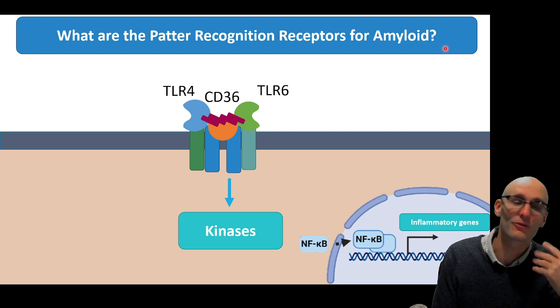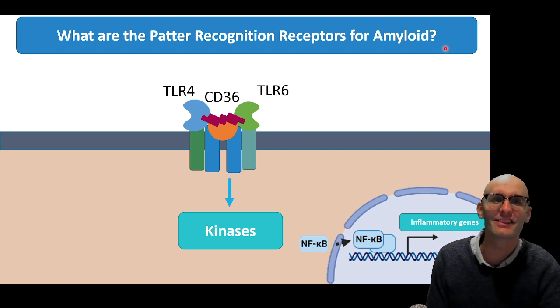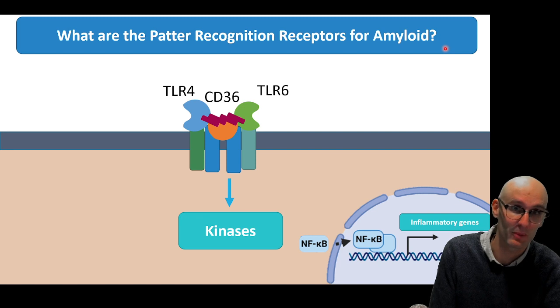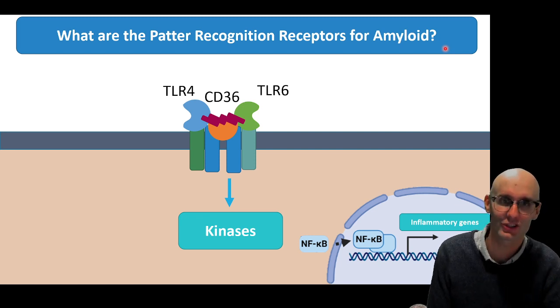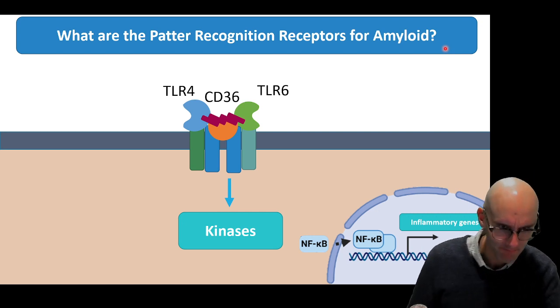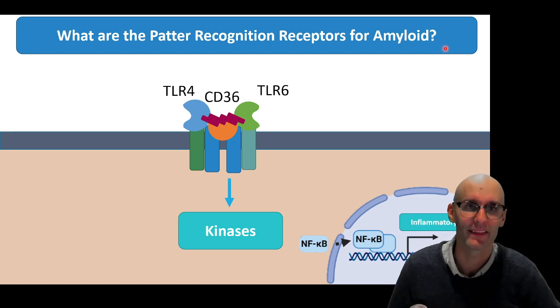These genes are inflammatory cytokine genes, but they're also enzymes that produce reactive oxygen species, which allow the microglia to attack whatever pathogen it thinks it's been exposed to. And it's also enzymes that cause the production of inflammatory signaling molecules like prostaglandins. So that's the primary pathway that amyloid interacts with.